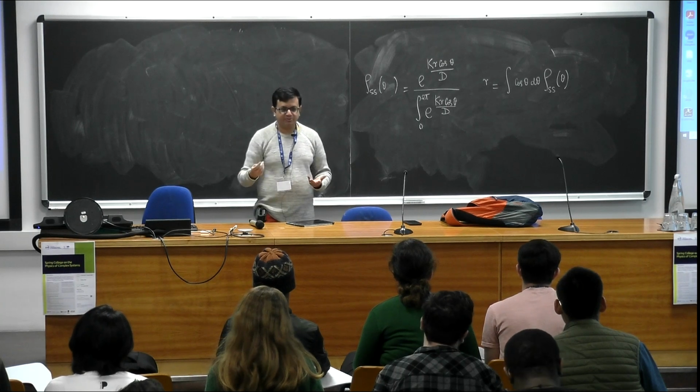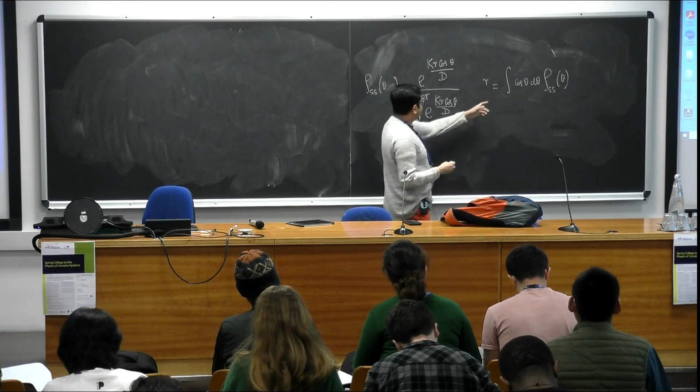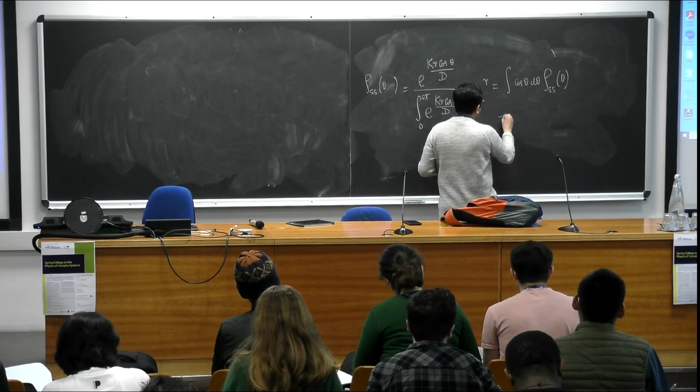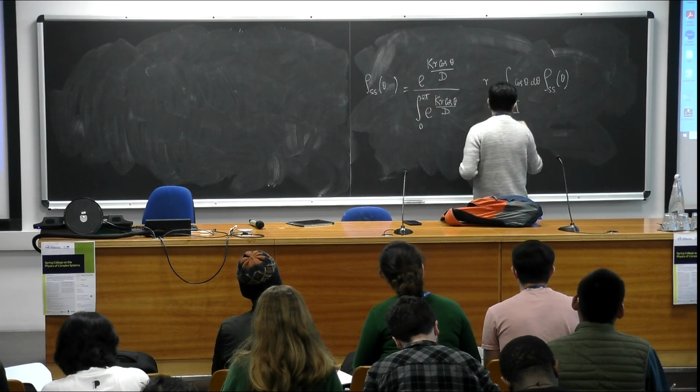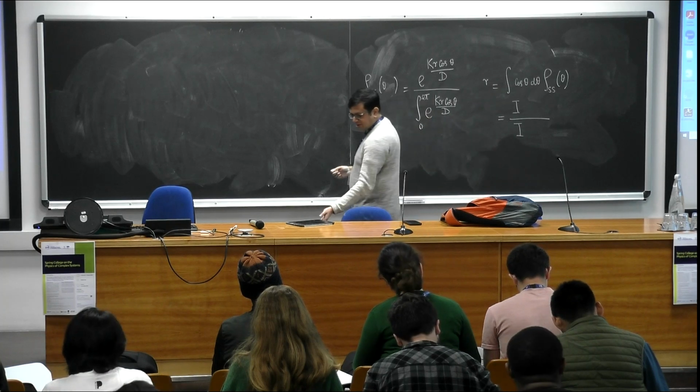No, because there is no omega. The frequency term has been set equal to 0. So therefore, you can just plug this in here, and you can find that this is given by the ratio of two modified Bessel functions.